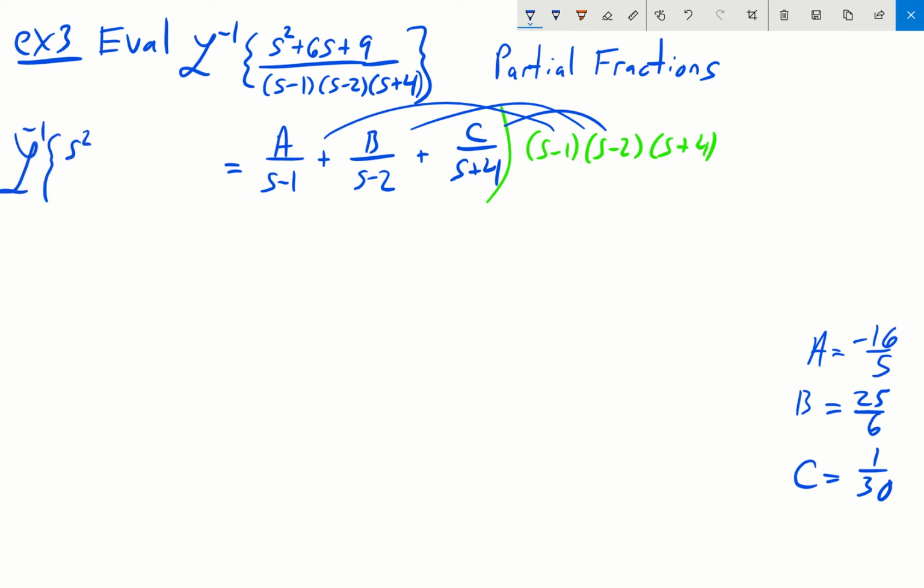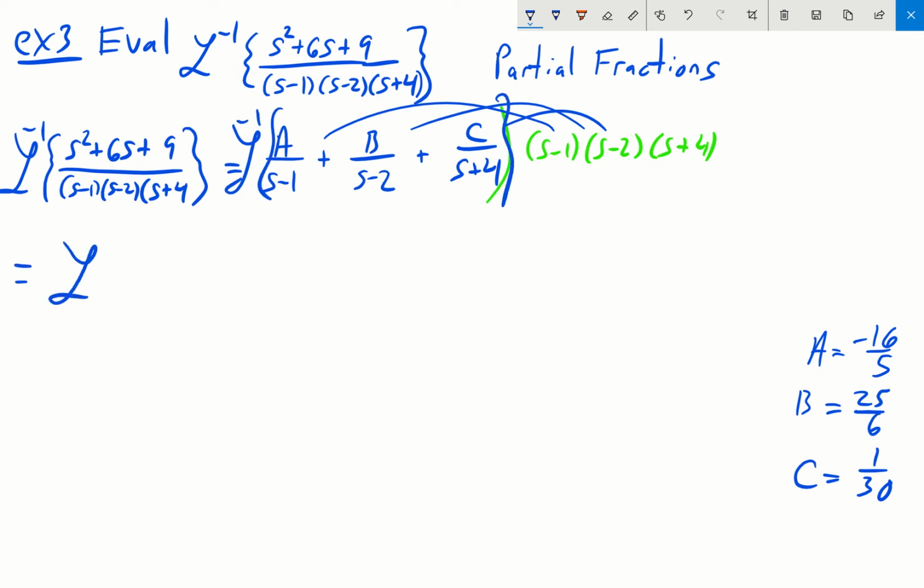So the inverse Laplace of s squared plus 6s plus 9 divided by s minus 1, s minus 2, and s plus 4 is going to be the inverse Laplace of this expression here.